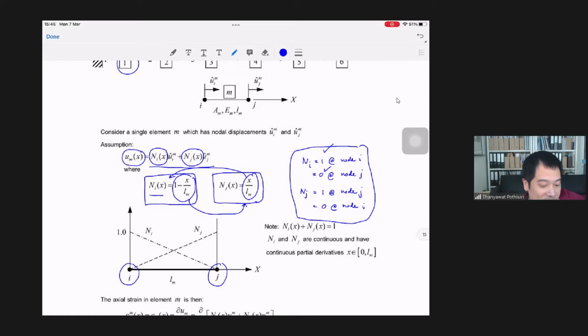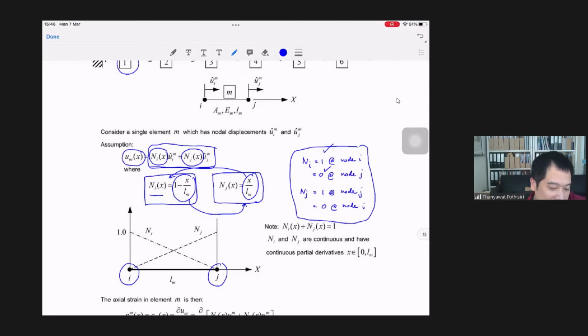It comes directly from this equation, because of the way you are approximating them like this.